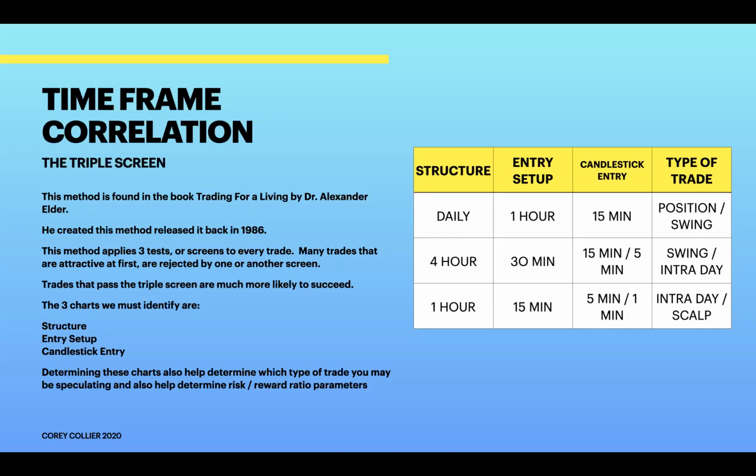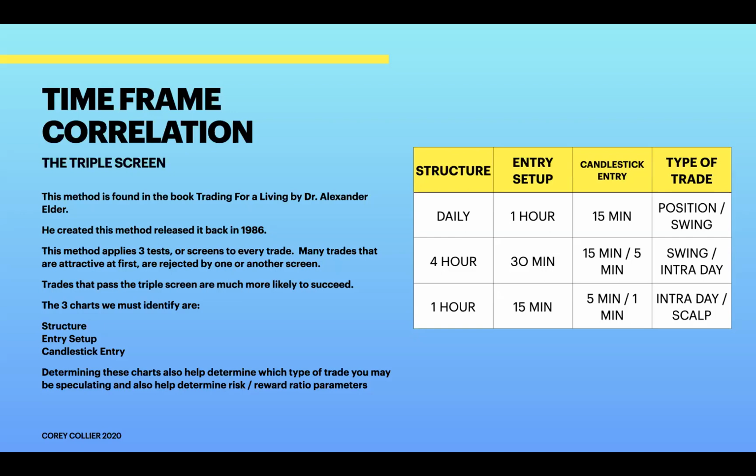Determining these charts will also help determine which type of trade you're going to be speculating, and it's going to help determine risk and reward parameters. So let's go over this chart to the right. You start with the first column where it says structure. Underneath that, it says daily.